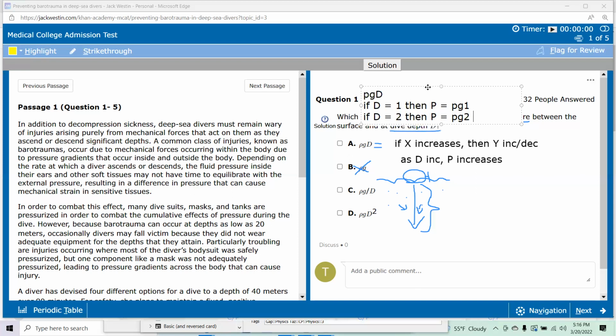Increased, right? So in choice A, we see that as D increases, P increases, or they're directly proportional. So this was the relationship that we were looking for, because we had said from our concept knowledge, as D increases, P should increase.